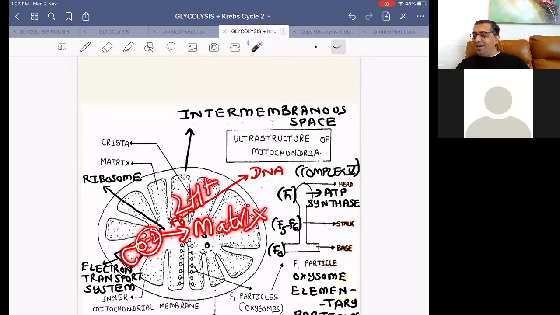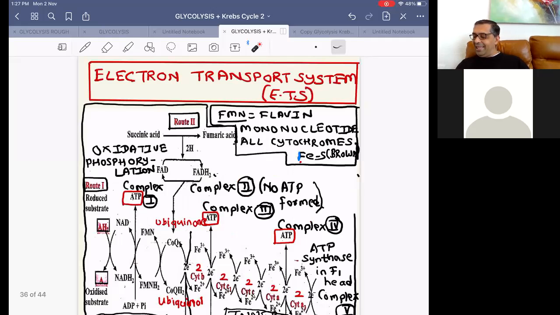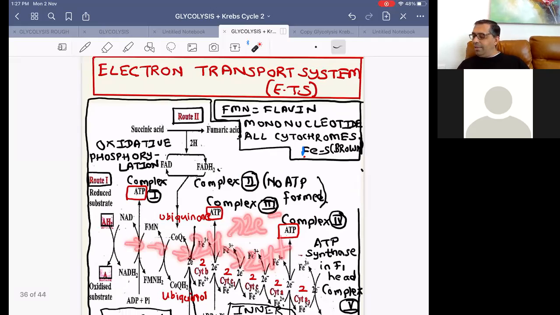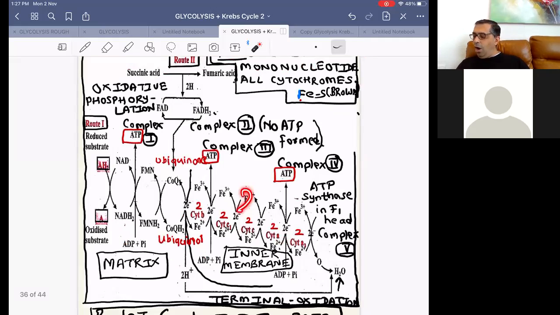If you remember, प्रोटॉन तो मैट्रिक्स में ही थे जब हमने ये किया था. Hydrogen went from NAD to FMN to coenzyme Q, and then the 2H split to form electron and proton. ये हमने किया था. Where did protons remain? Protons remained in the matrix.